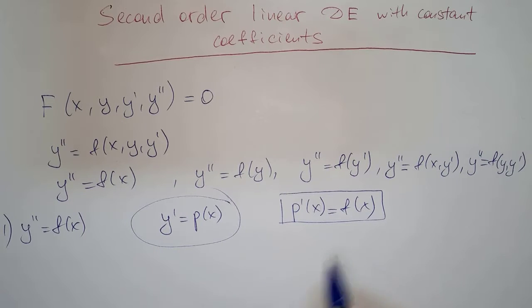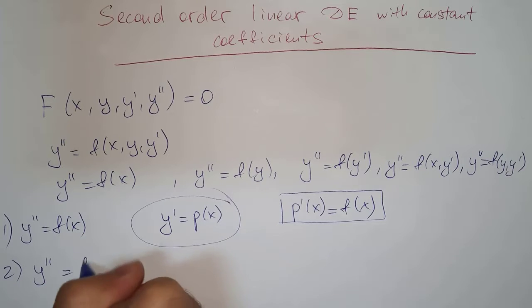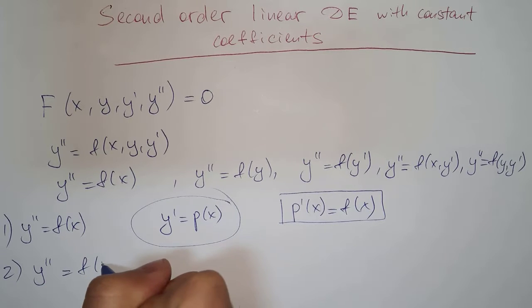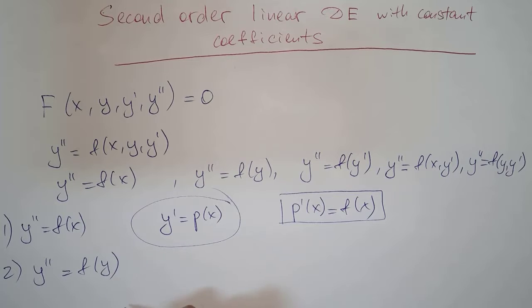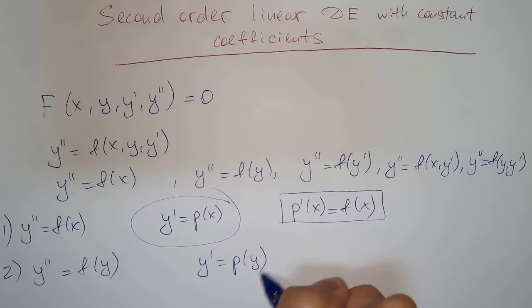In the second case, y double prime is f of y. Here we introduce again a new function p of y, and we write y prime as p of y.